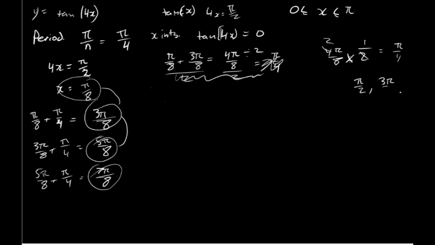The next one would be 3 pi on 4, and then the final one is just pi. So these are all our x-intercepts. And we've got a period of pi on 4, and I reckon we can probably start sketching.